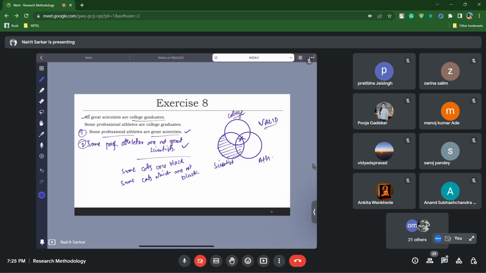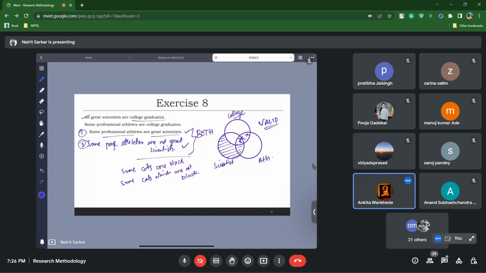As you can see, X is in the middle. That means X can also be here or here. So this one is valid. Anyone having any confusions in exercise 8? Which one is valid? Both.